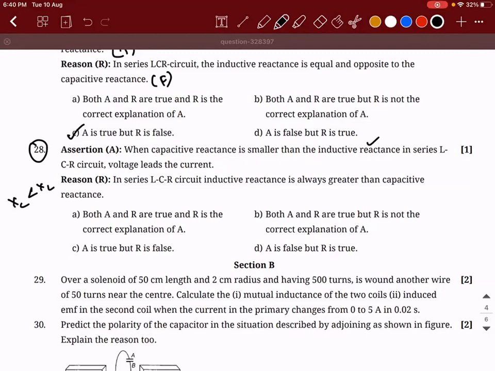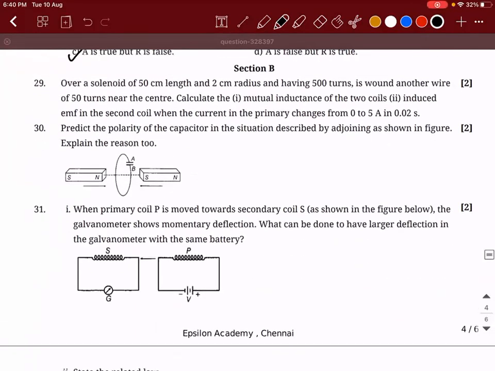In an inductive circuit, the voltage leads the current. Yes, it is true. Similarly, in a series LCR circuit, inductive reactance is always greater than the capacitive reactance. False. Need not be. So A is true, but R is false.